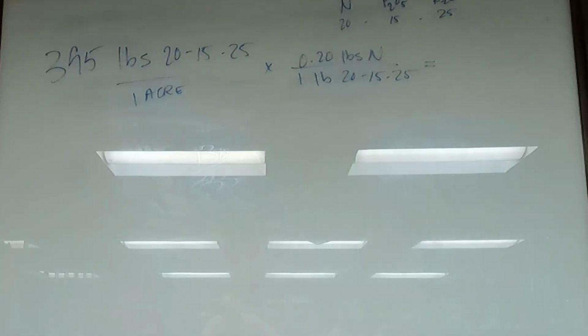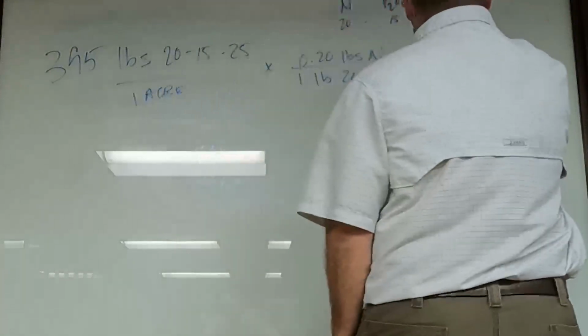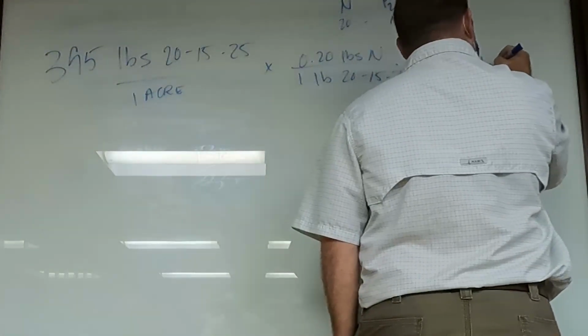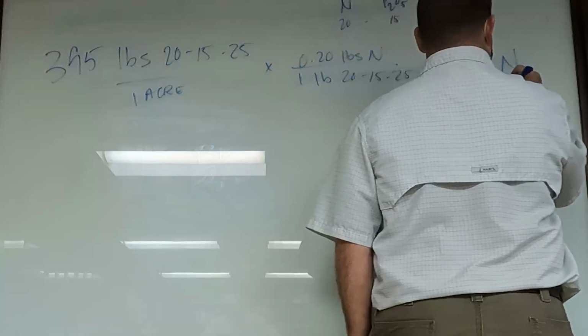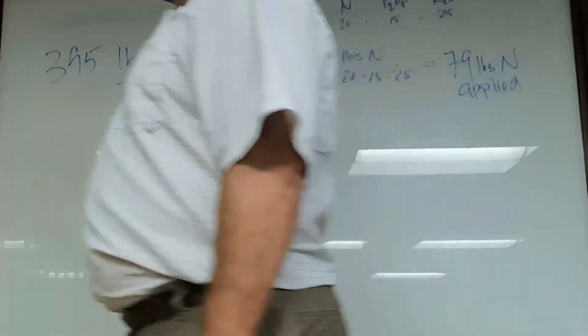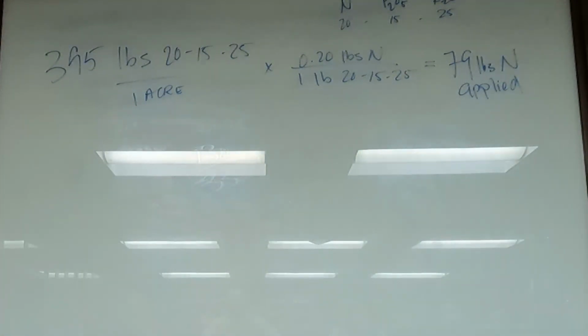And so what do we get? 79. So 79 pounds of nitrogen was applied. How about for P2O5? 59.25. How did you get that? I multiplied the 0.15 pounds of P2O5 over 1 pound of 20-15-25.